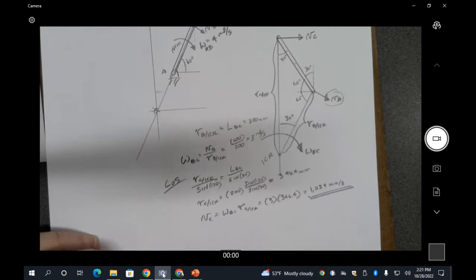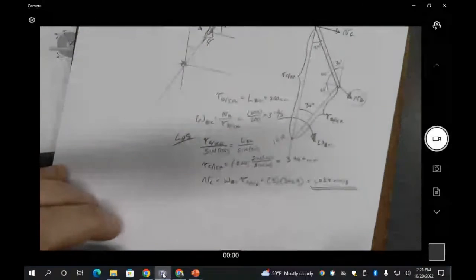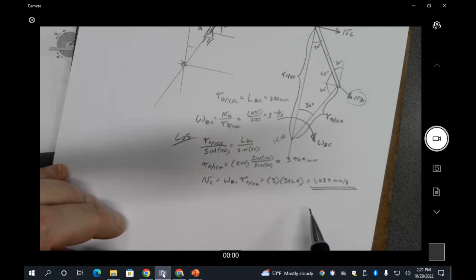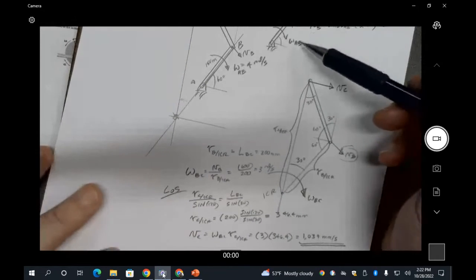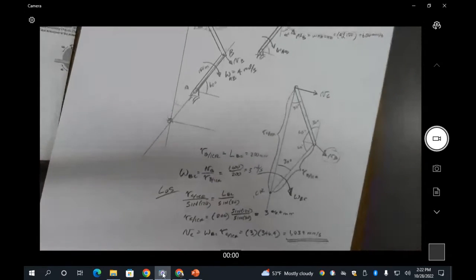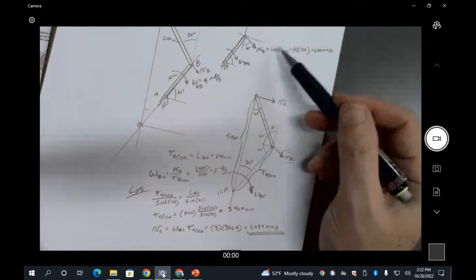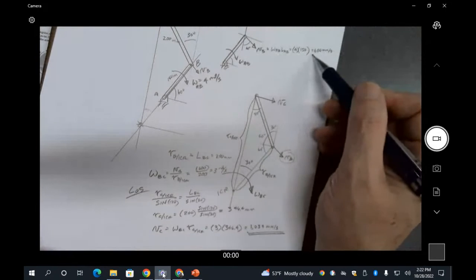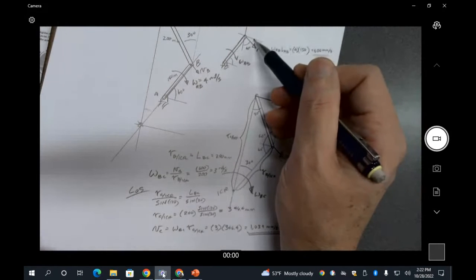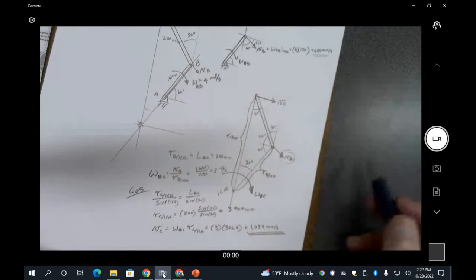So as a means of compare and contrast, let's go to the 3-diagram method. We can already start with what we had up above. We could have made this same diagram up above and recognize that this is going to be, let's call it, 30 degrees below horizontal from the arrangement that we have.